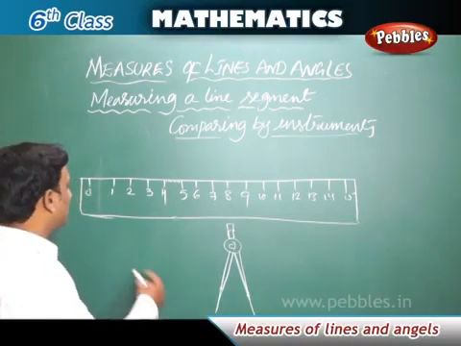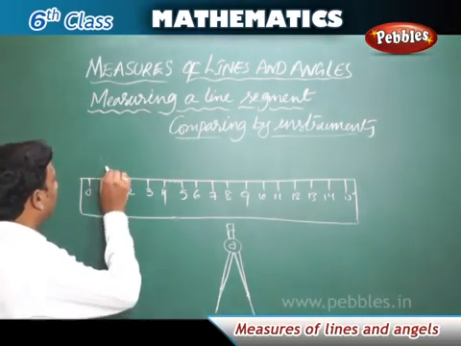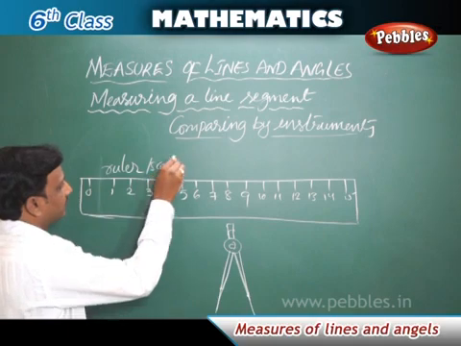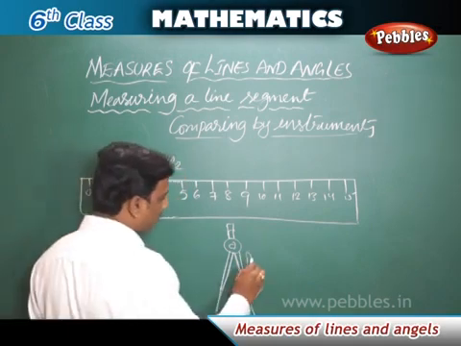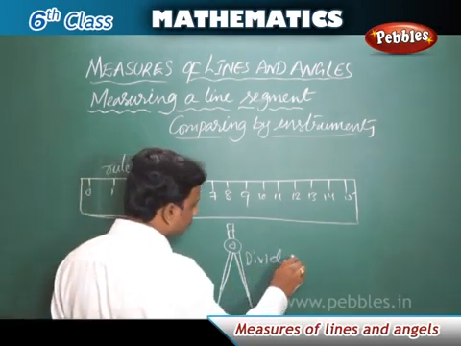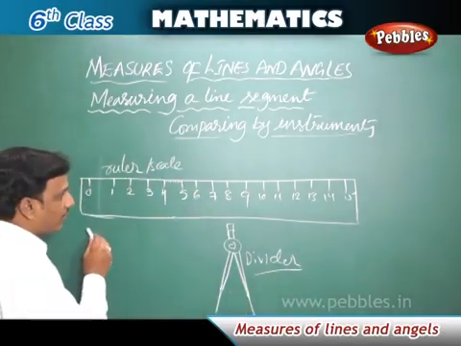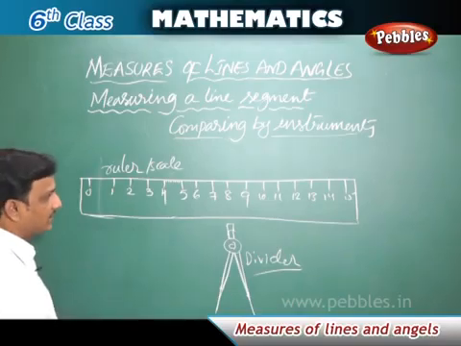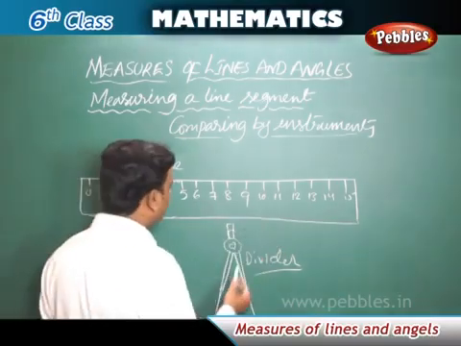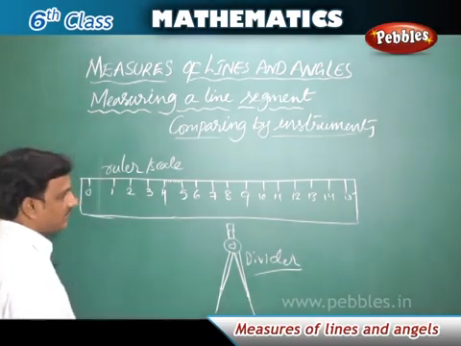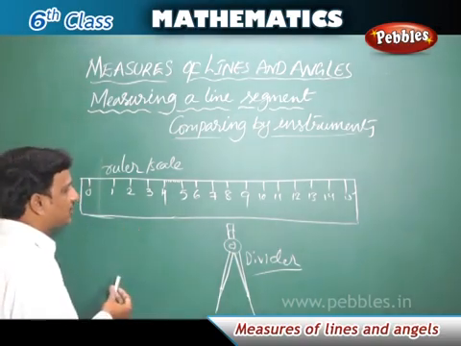We can use a scale or a ruler. This is a ruler or a scale. And we can even use a divider. So a scale has a graduation of 15 centimeters marked on it. So this is a 15 centimeter scale. On that we can find numbers 0 to 15, which represent a centimeter each.